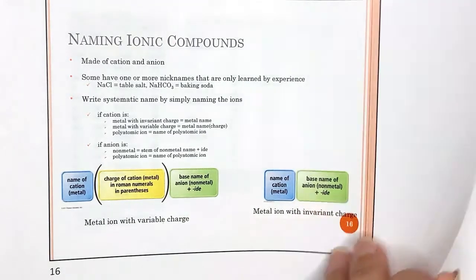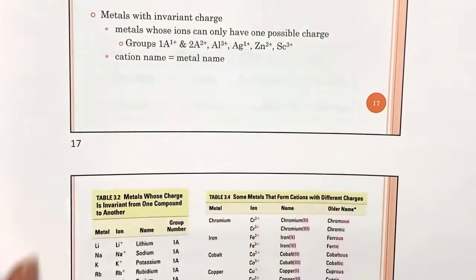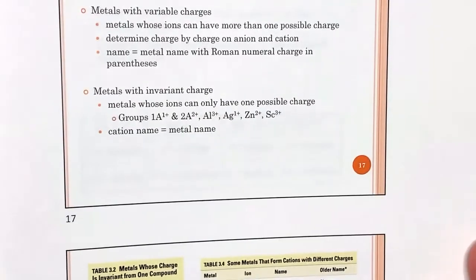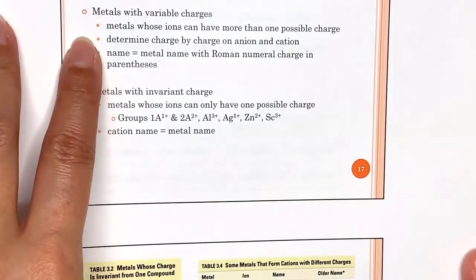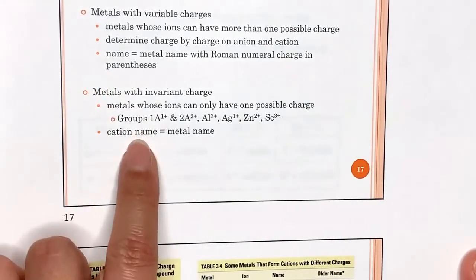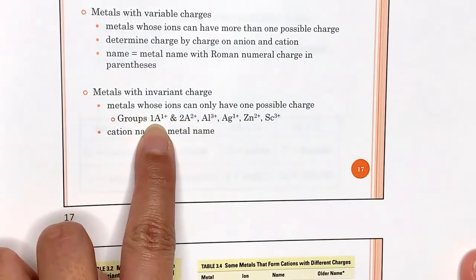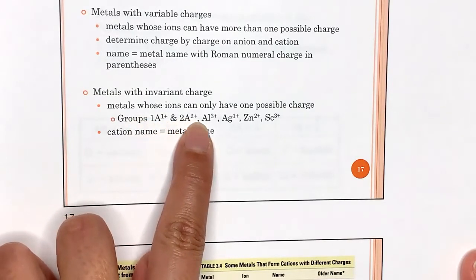Okay, so let's go ahead and take a look at some examples of metals that don't change charges. So here's a list here. It says here, metals with variable charges all over the place. Now, invariant charges, group 1, group 2, remember? We talked about that. Group 1 is always +1, group 2 is +2.